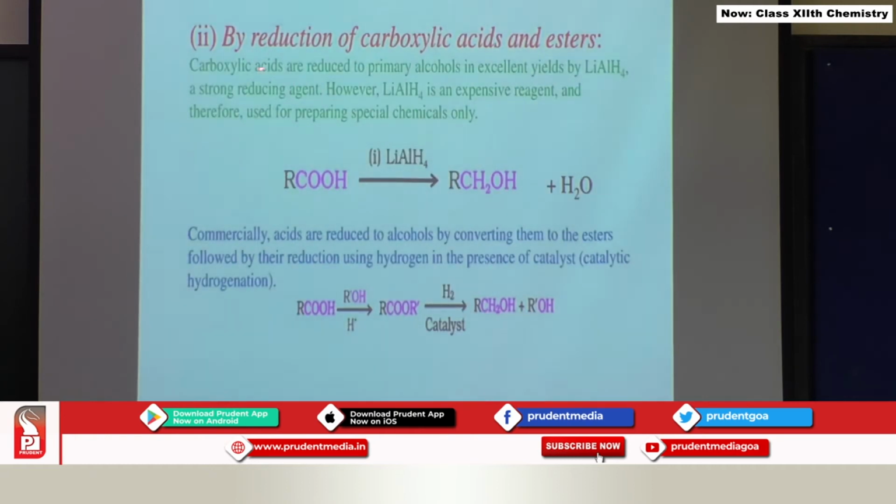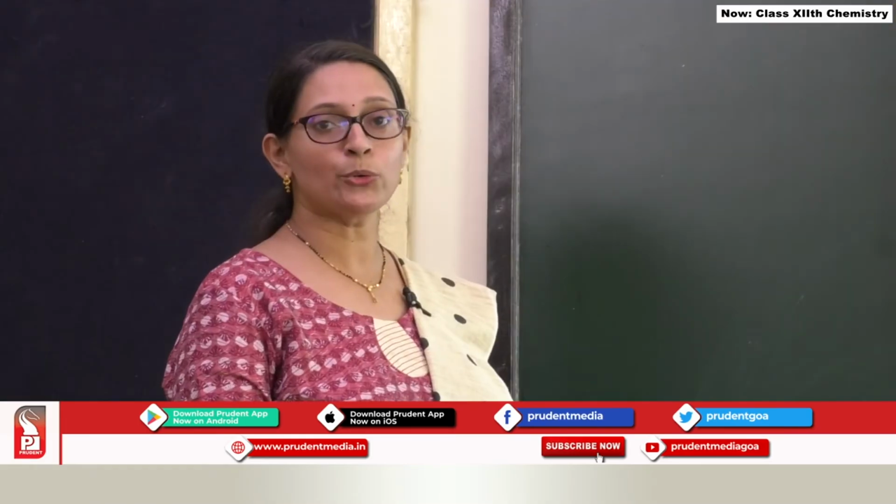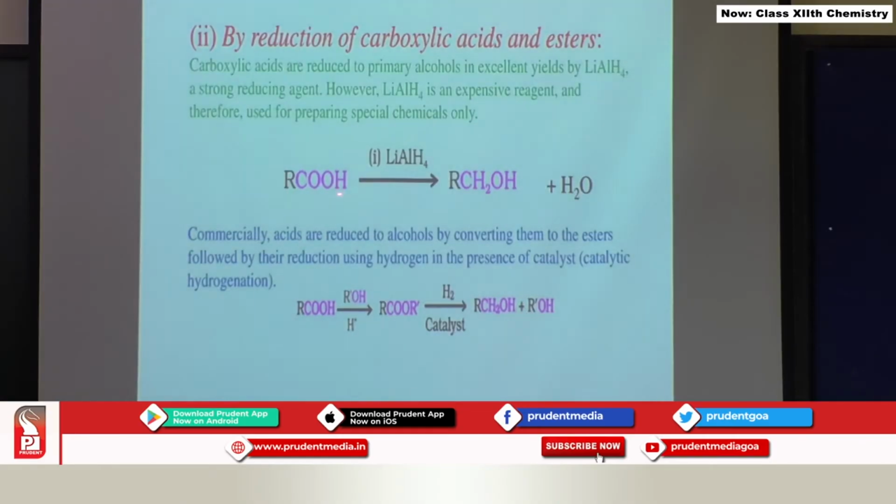We can also carry out reduction of carboxylic acids and esters. Now how to carry out reduction of a carboxylic acid? See, RCOOH is treated with lithium aluminum hydride, chemical reduction followed by hydrolysis, and this COOH group here gets converted into a CH2OH group.